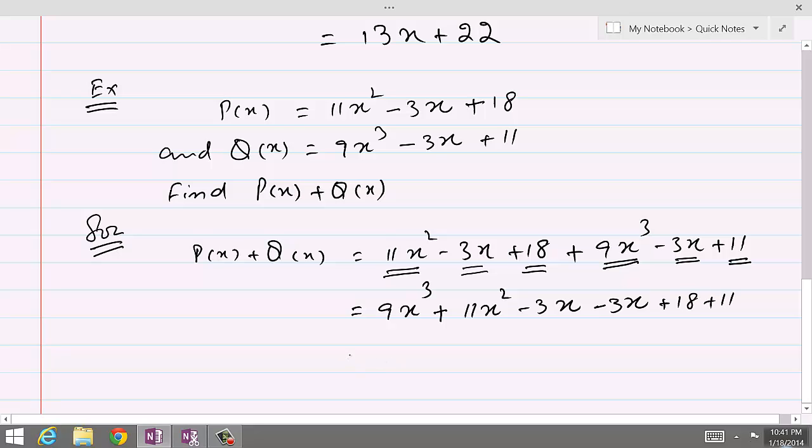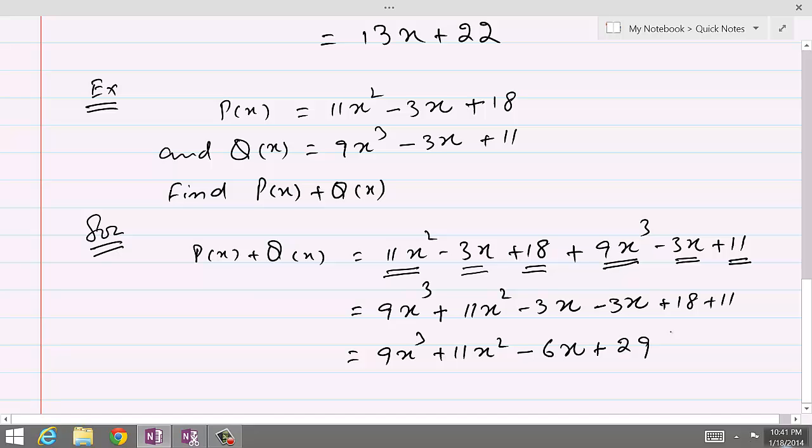This would give us 9x cube plus 11x square minus 3x, and minus 3x will give us minus 6x, because two negative signs always add up, and plus 18 and plus 11 would give us 29.